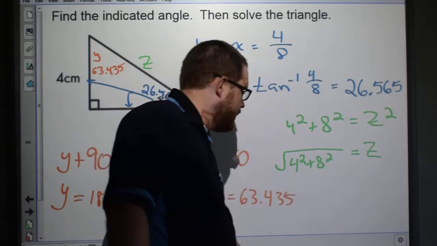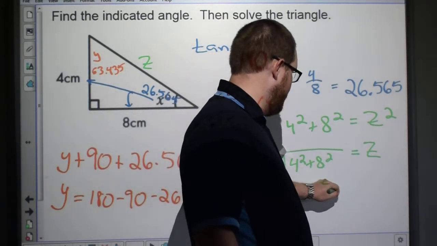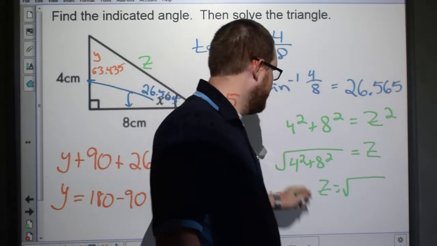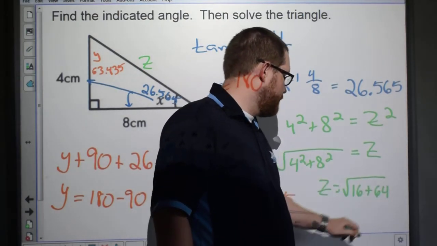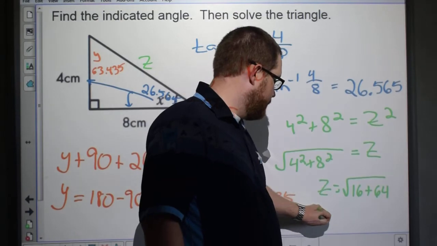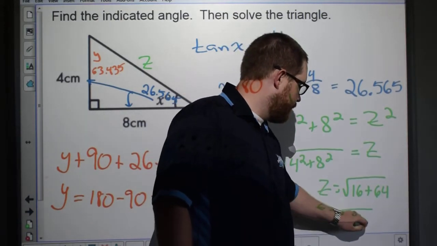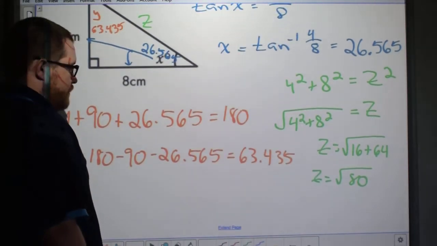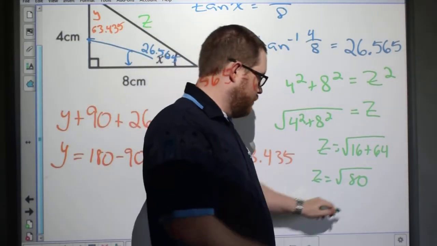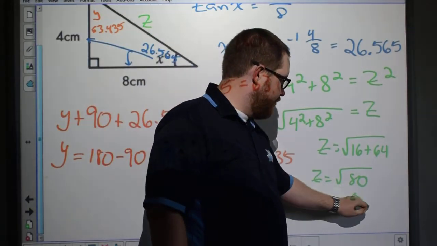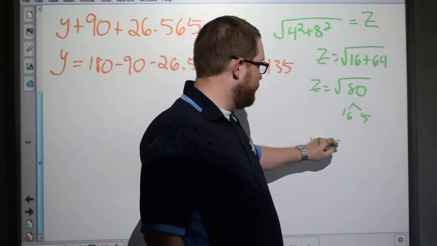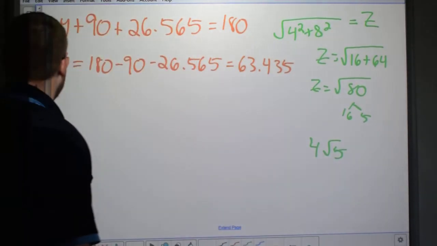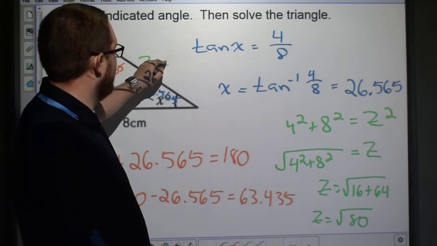Well, we can do this mostly in our head. Z equals the square root of 4 squared is 16, 8 squared is 64. You add those together, you get the square root of 80. That's going to reduce down to, what will make that? 16 times 5. That ends up being 4 square root of 5. So the exact answer is 4 square root of 5.